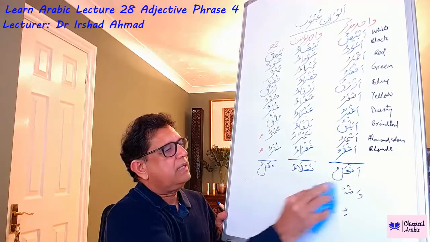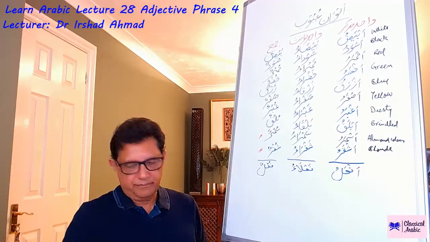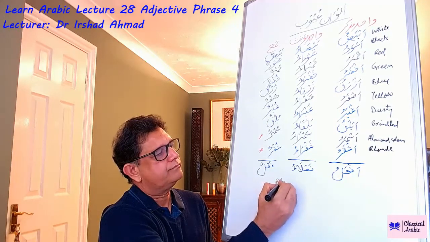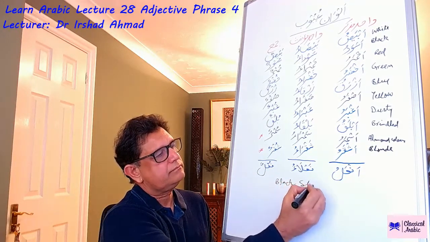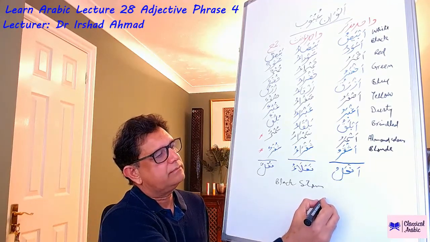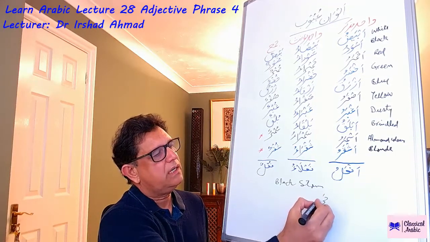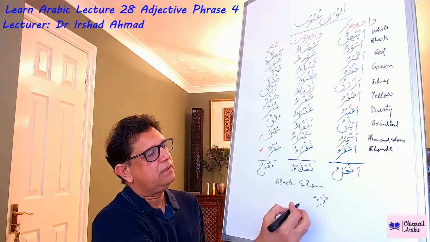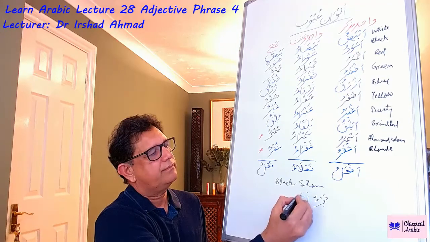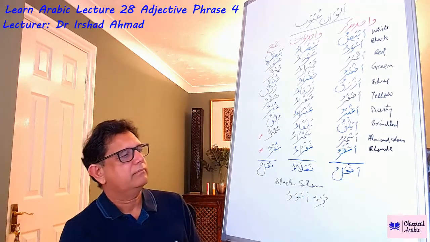For muzakkar, you can have another example. For example, black stone. Stone is hajr. So we can say hajrun aswadu, a black stone.